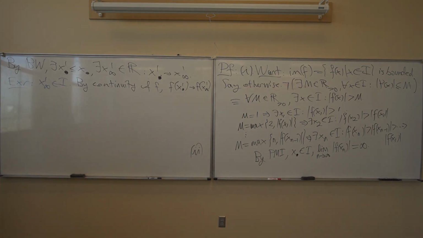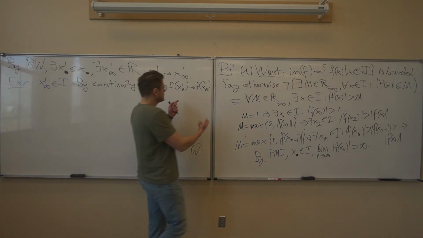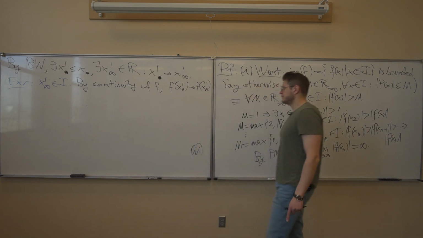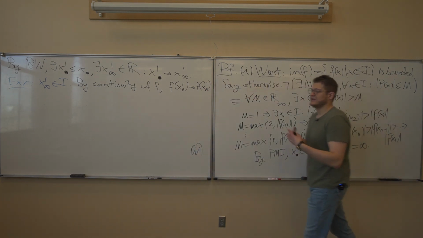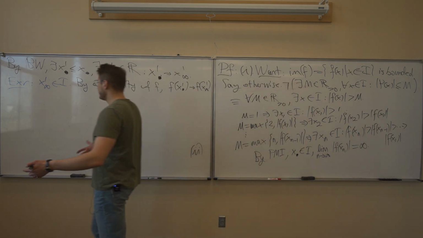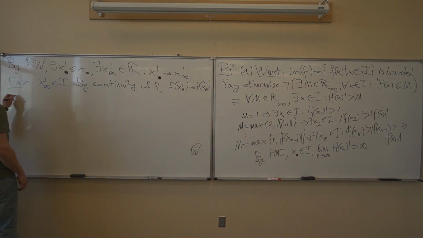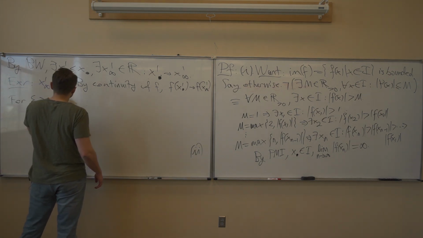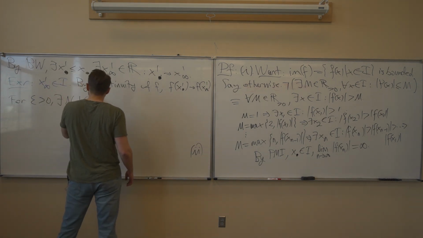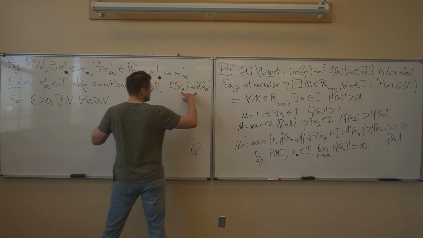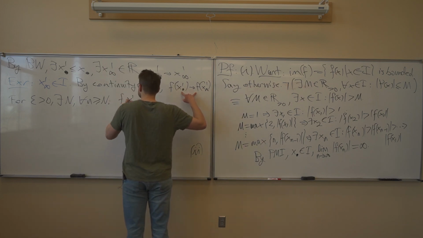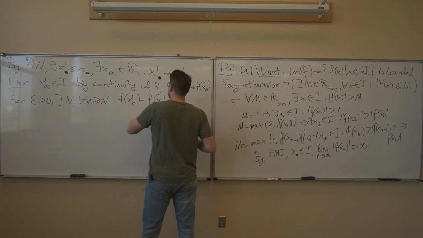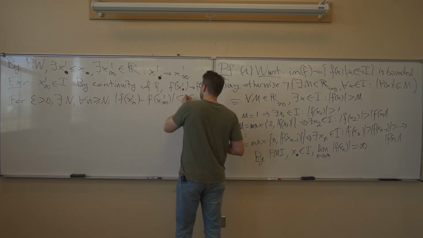So what can we do? Here's what I can say. For instance, I can open up the definition of this sequence converging to that point. So for any epsilon, there is a blah, blah, blah. Let me choose epsilon to be 1. There's an N such that for any n after N, the difference between these two is bounded by 1.